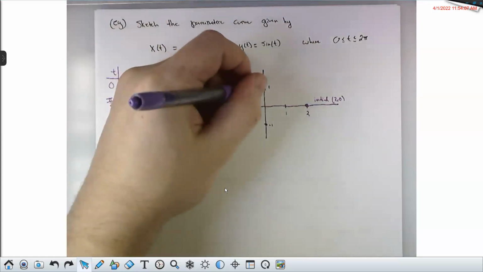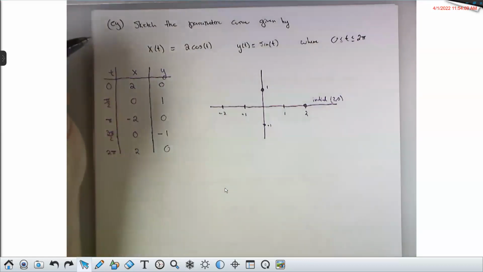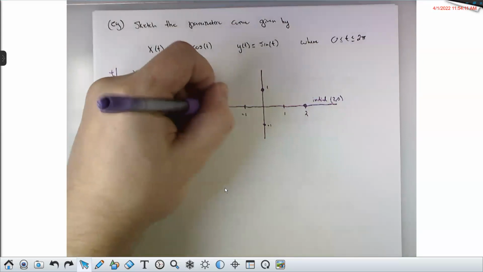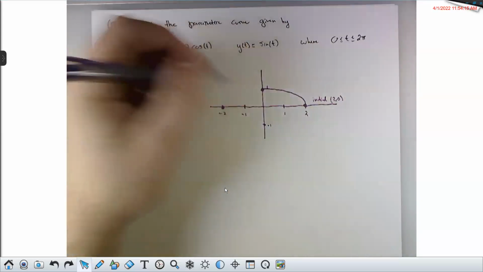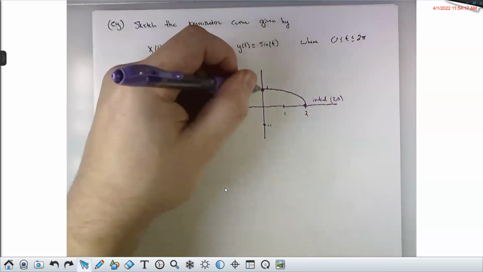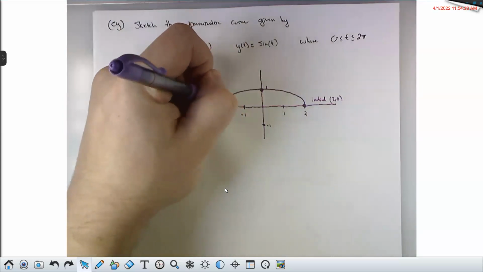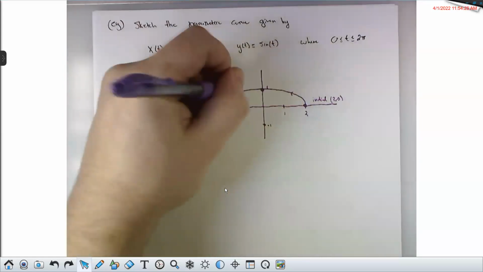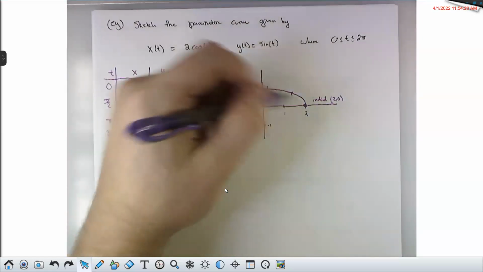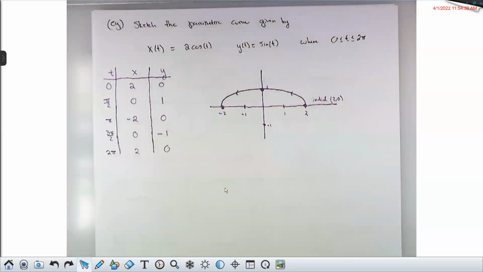Then we have the point (0, 1). Then the point (-2, 0). So it looks like we're doing something like this. And the orientation arrows would go like so. We're starting over here, and as t increases, we go over there.